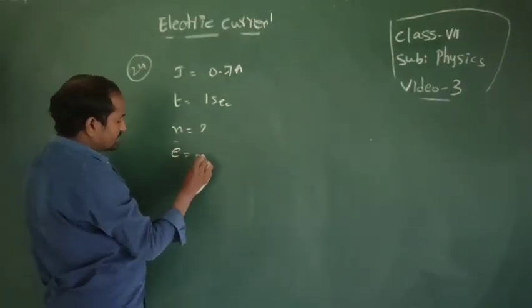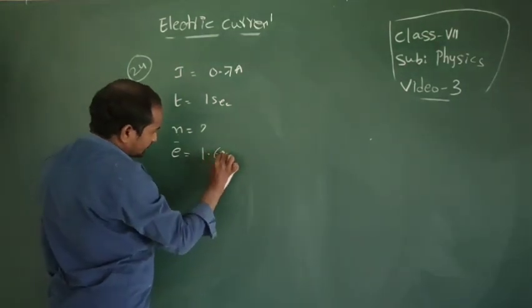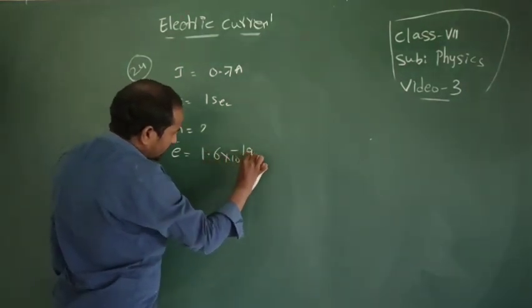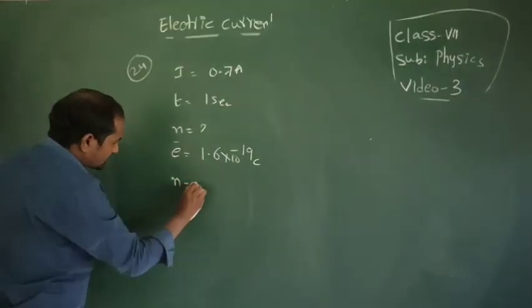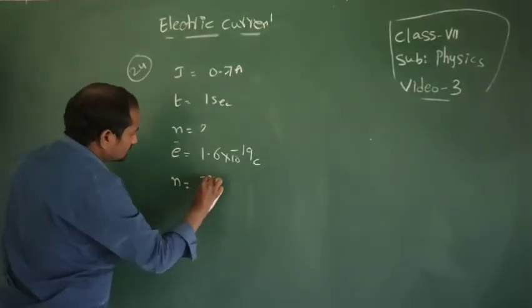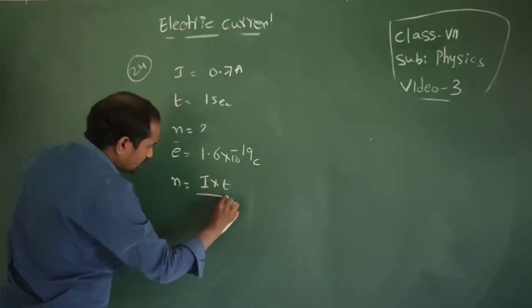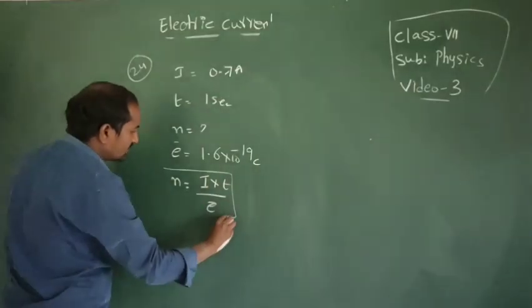At the same time, e equal to charge on electron equal to 1.6 into 10 power minus 19 C. So here number of electrons N equal to I into T by e, charge of an electron.